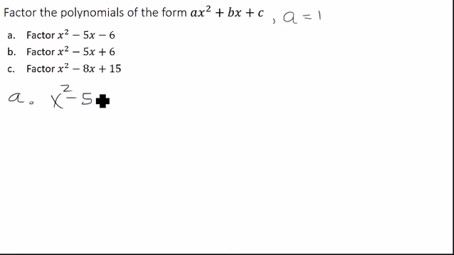So let's look at the first example. Here we have x squared minus 5x plus 6. So the idea is to look at the factors of the last number. So I'm going to collect the factors in one column, and then I'm going to look at the sum of these factors.